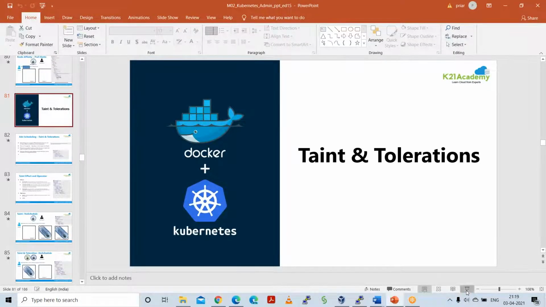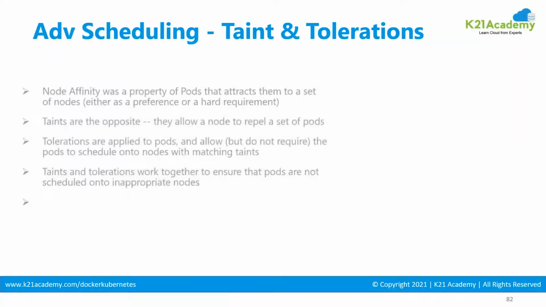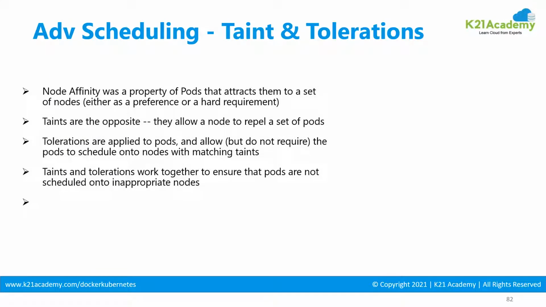So this is my taint and toleration topic. What is taint and toleration? Node affinity is a property of pods that attracts them to a set of nodes, either as a preferred way or a hard requirement. But taints are exactly the opposite of node affinity.